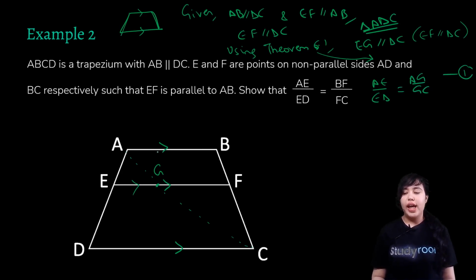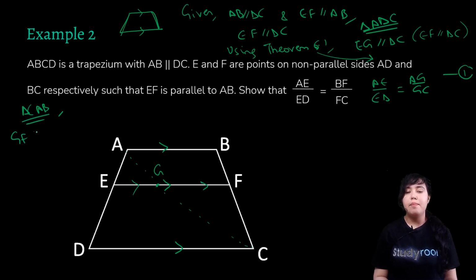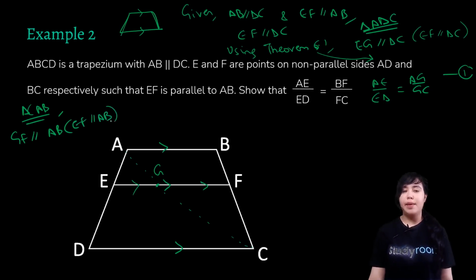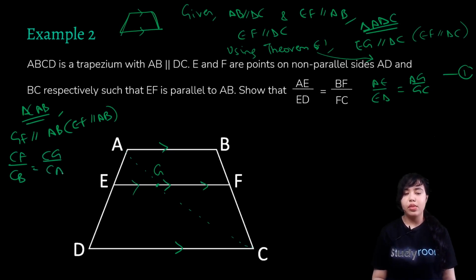Then you consider this triangle CAB, okay? Now here I can say that GF is parallel to AB because this entire EF is parallel to AB. So do mention the reason in brackets, okay, for every step that you're doing. Then you can use theorem 6.1 if these two sides are parallel, and then you can say that CF upon CB is equal to CG upon CA, right?